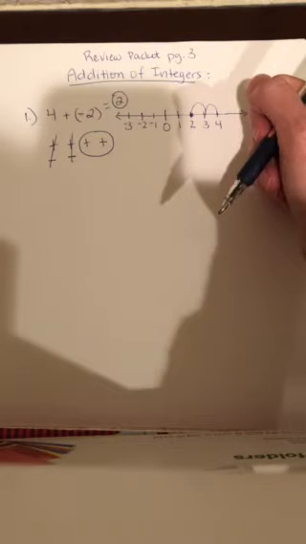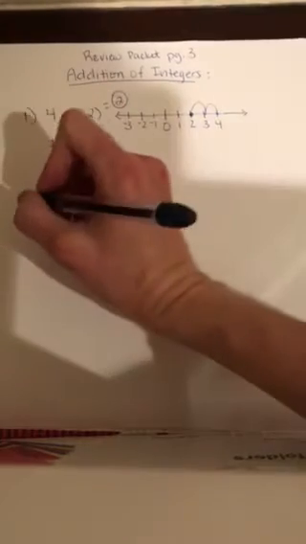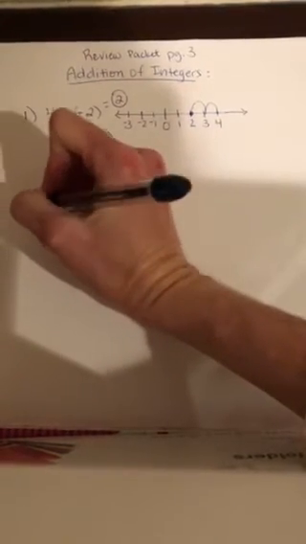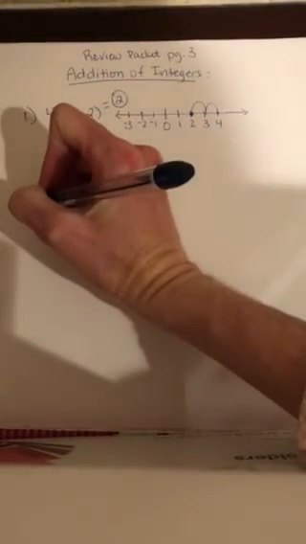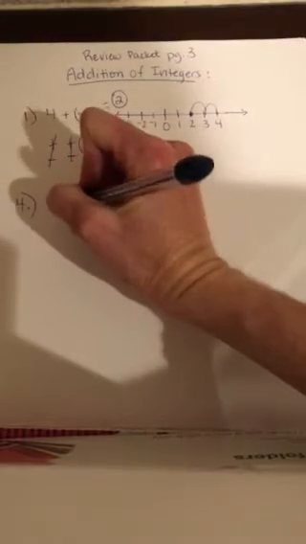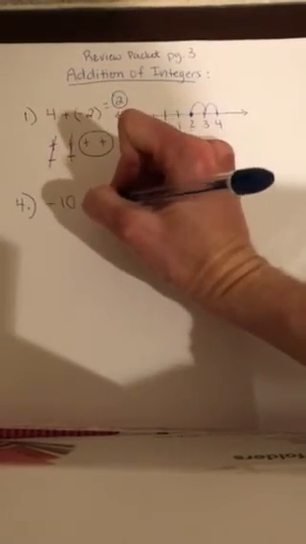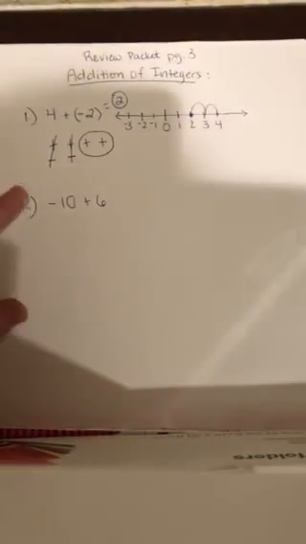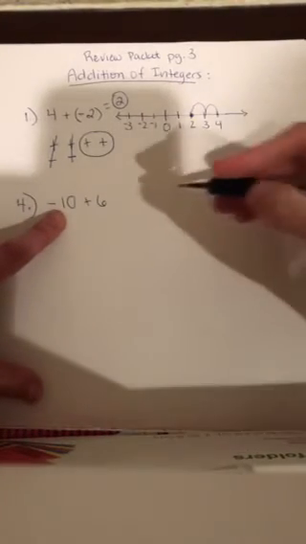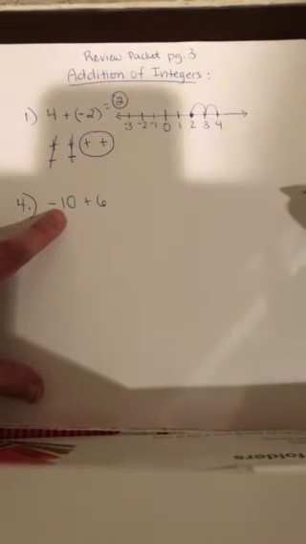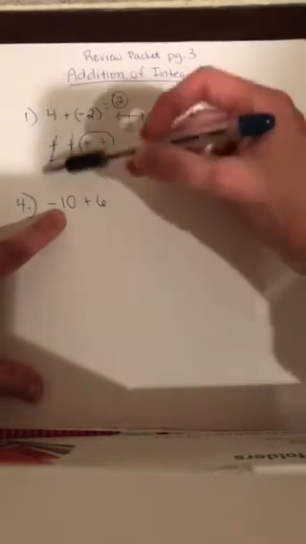Let's do number 4. -10 plus 6. Even -10, that's quite a bit for me to go ahead and draw a number line. You can certainly do that, but this time I'm just going to use this strategy.